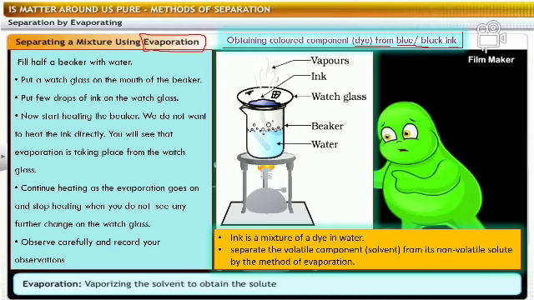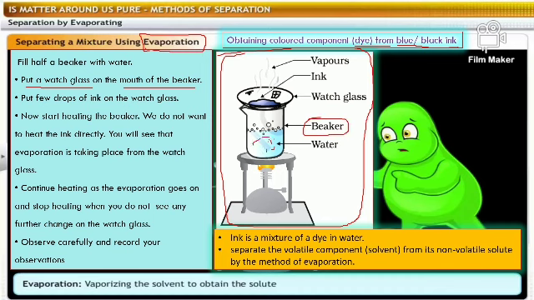So what we have to do here, as shown in the picture: put a watch glass on the mouth of a beaker and keep in mind the beaker should be filled with water. So here you can see it is a beaker. The beaker is filled with water and we are putting a watch glass. That watch glass contains ink in it.